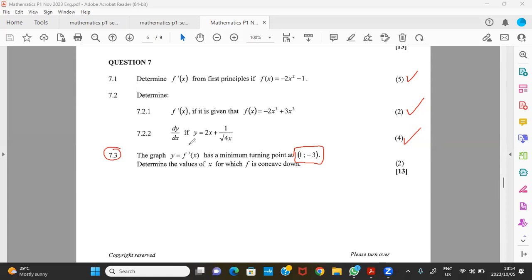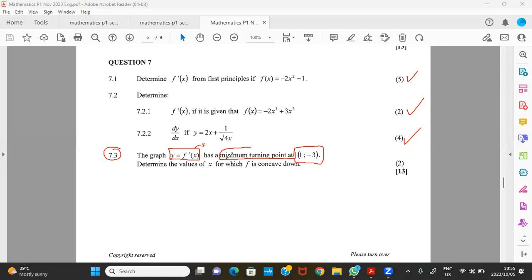So they gave us y equals f prime x. Basically, this is my first derivative, right? It has a minimum turning point.